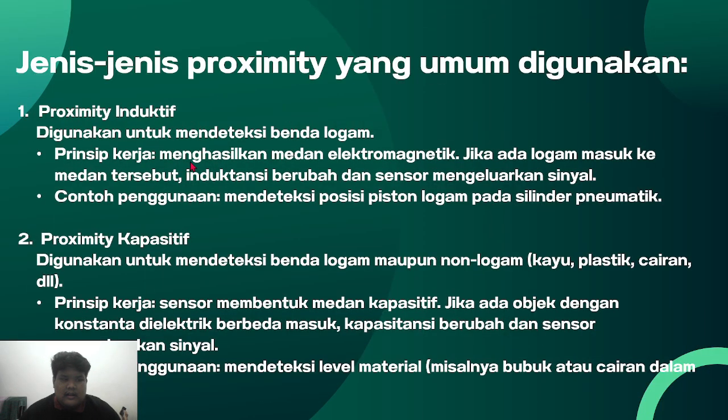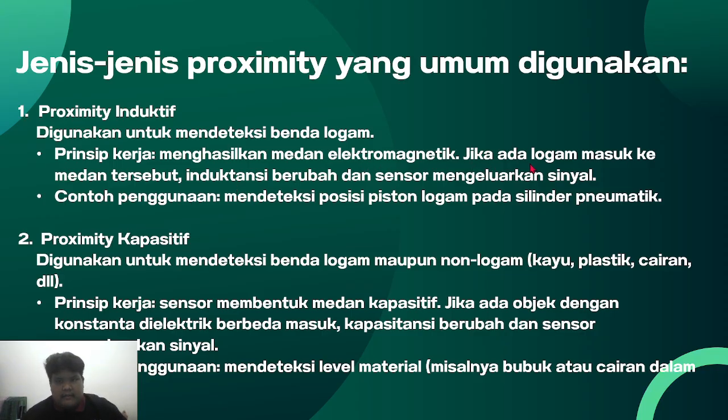And here are the types of proximity sensors that are commonly used. First, the inductive proximity sensor is used to detect metallic objects. The working principle is that it generates an electromagnetic field.